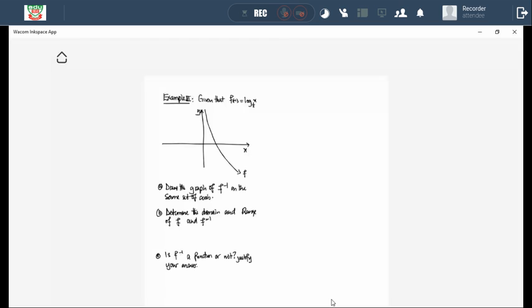Now let's look at this. Given that f of x is equal to log x base half, you can see that that's a logarithmic graph which is generally decreasing. Draw the graph of f inverse on the same set of axes. I'm going to get it by reflecting. Remember, f inverse, you reflect along the line y equal to what? x.